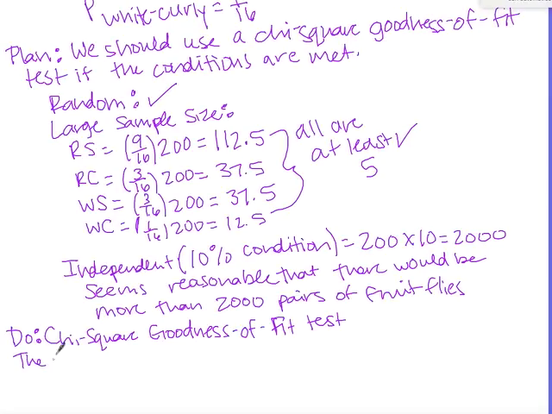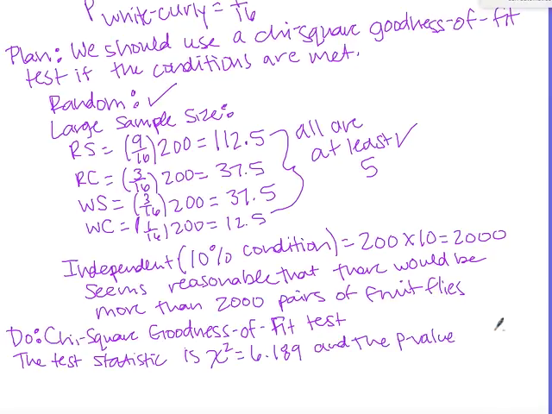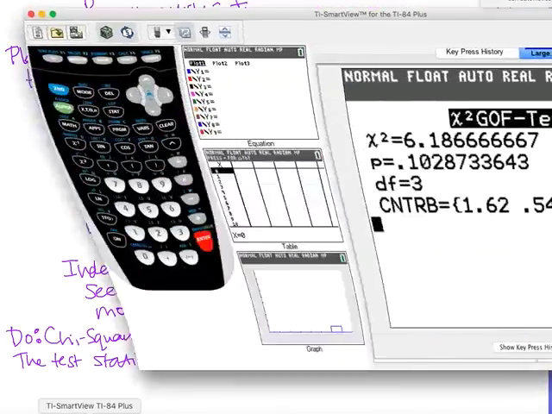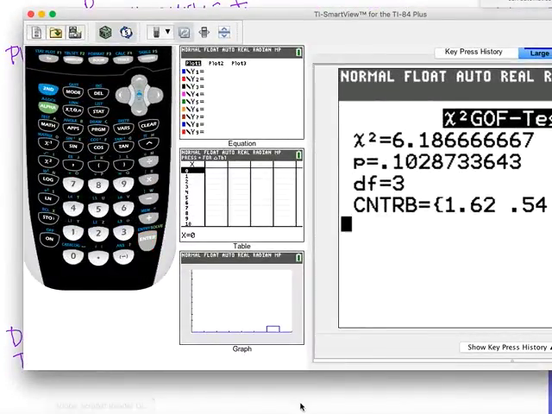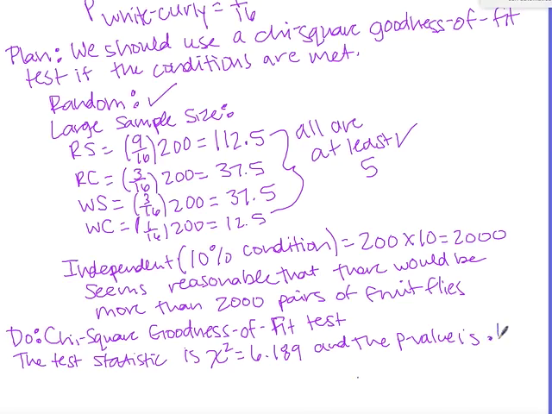So you would say the test statistic is chi-squared equal to 6.189, and the p-value is 0.103 using degrees of freedom equal to 3.